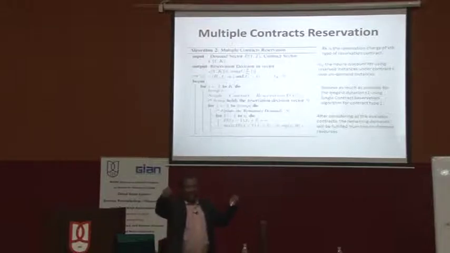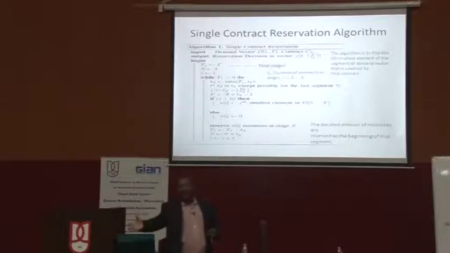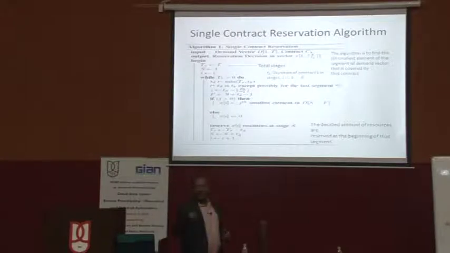That's basically the extension of the previous smaller one, by adding that level of steps. Here only reservation. Next one, reservation with on-demand. Reservation plus extra demands. Okay? And for multiple contracts, not only one.